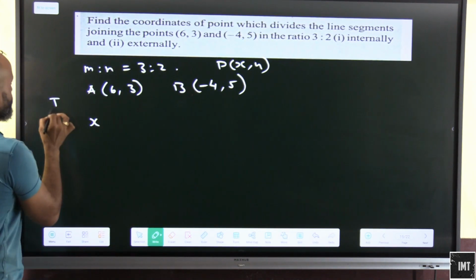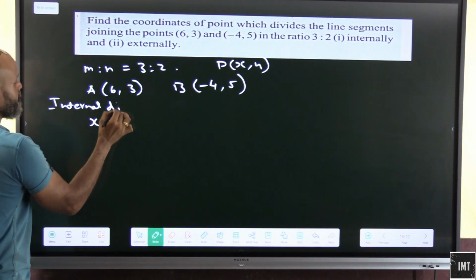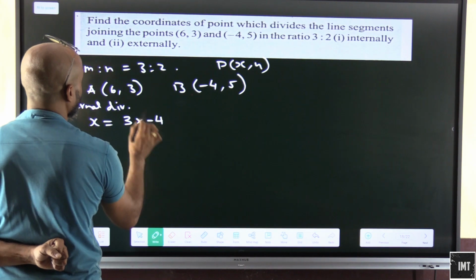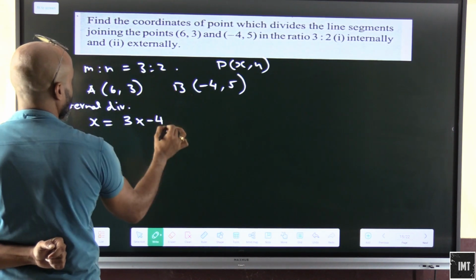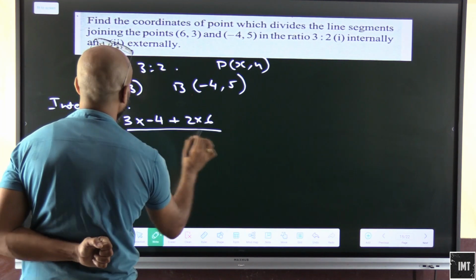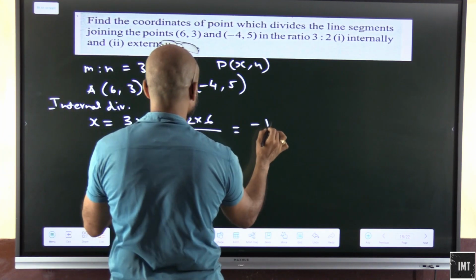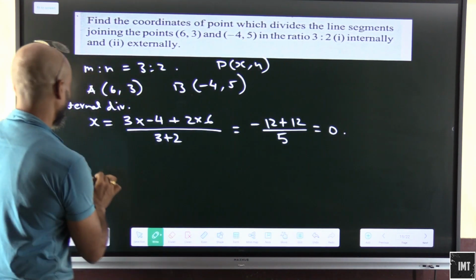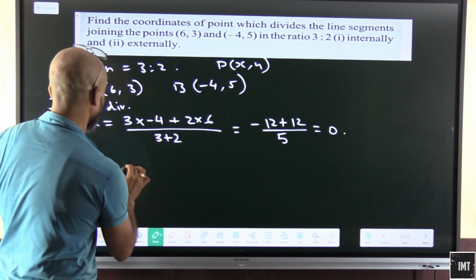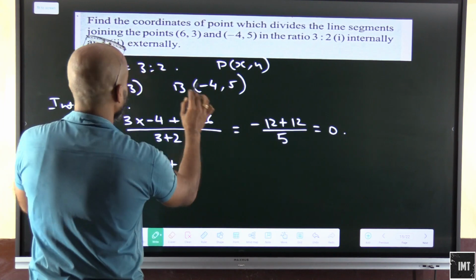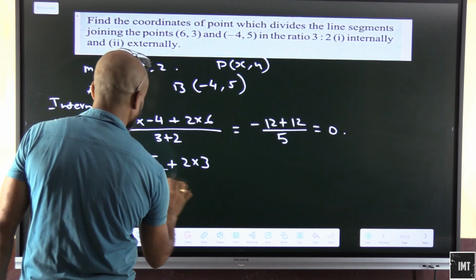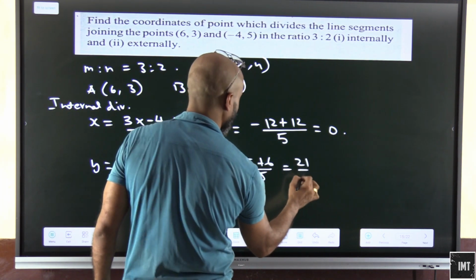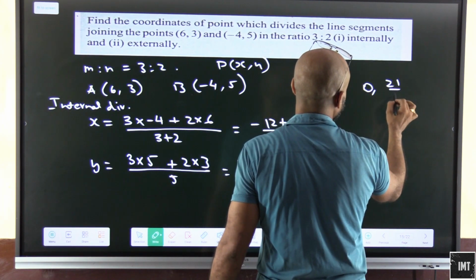For internal division, x will be equal to m x2 plus n x1 upon m plus n, that is 3 into -4 plus 2 into 6 upon 3 plus 2. So this is going to be -12 plus 12 upon 5, that is 0. And y accordingly will be 3 into 5 plus 2 into 3 upon again 5. So this will be 15 plus 6 upon 5, that will be 21 by 5.